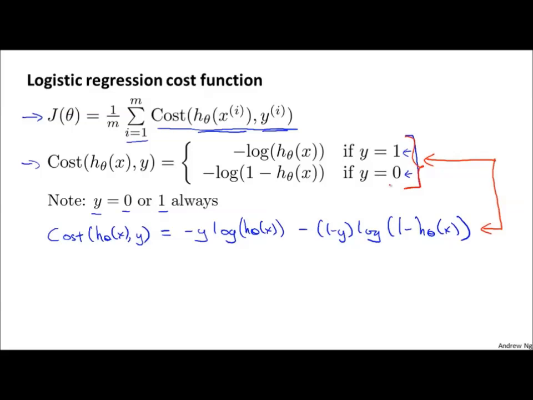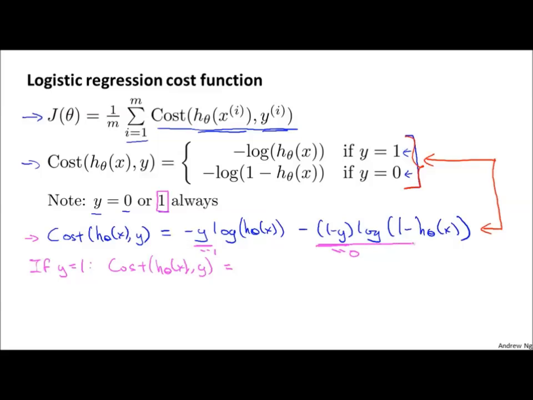We know that there are only two possible cases. y must be 0 or 1. So let's suppose y equals 1. If y is equal to 1, then y is equal to 1, and 1 minus y is going to be equal to 0, right? 1 minus 1 is 0.